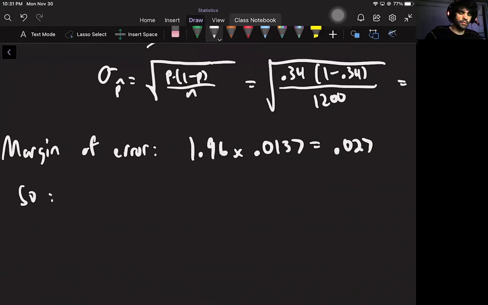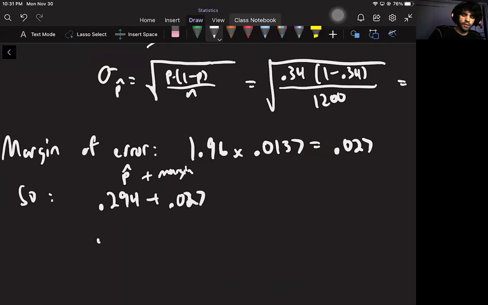Well, now it's just our sample proportion. So this is p hat plus the margin of error, 0.27. And I also do p hat minus the margin of error, 0.27. So that'll give me the confidence interval. So this is 0.321 and 0.267.